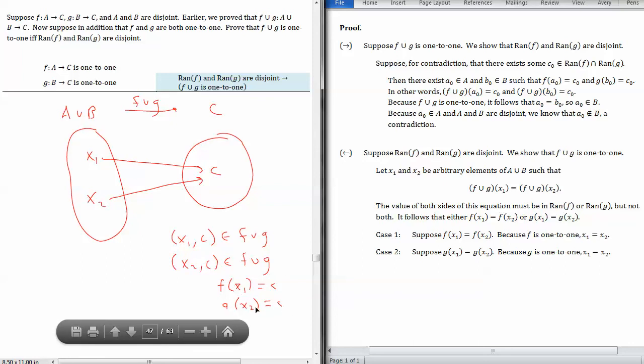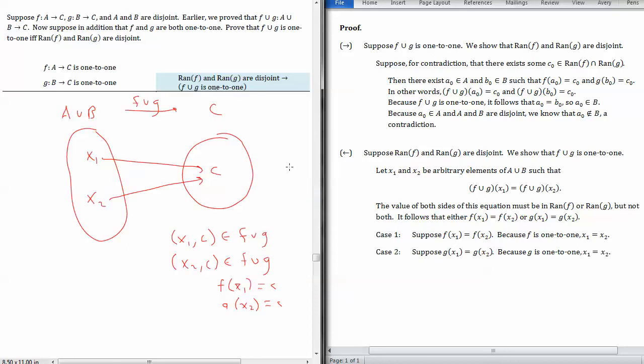But then f of x1 equals g of x2, rather C is in the range of f and the range of g, right? Which would contradict our assumption that the range of f and the range of g are disjoint. So my point is that these ordered pairs must either both be in f or both in g, or else we contradict our assumption.